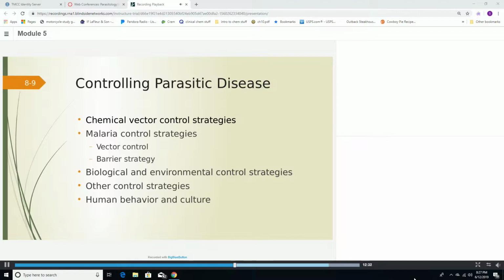DDT isn't used anymore because it was reducing the ozone layer, so we have to look at other ways to spray and get rid of these mosquitoes. Now, barrier strategy is simply putting up a barrier, such as nets, to keep those mosquitoes away from humans so that we can't get infected.